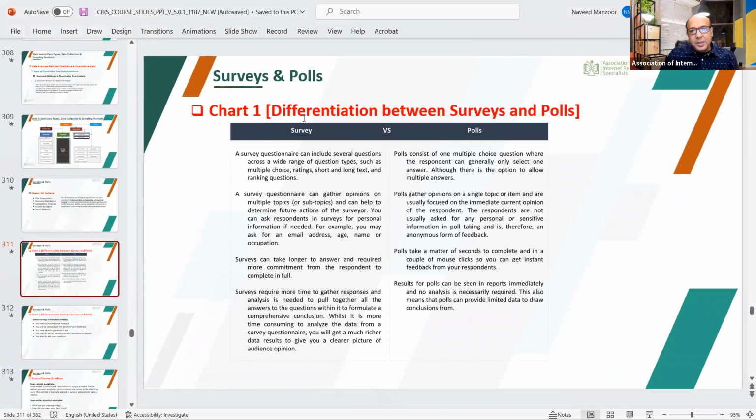You could see that this is saying differentiation between surveys and polls. On the left hand side in this column, you can see what surveys are about versus what polls are about. In the exam, the pet question, or usually the question that I see, is that they just give you these attributes and ask you to fill in the top heading, which would make it either the characteristics of a survey or the characteristics of polls.